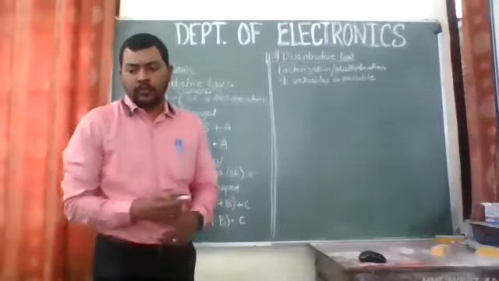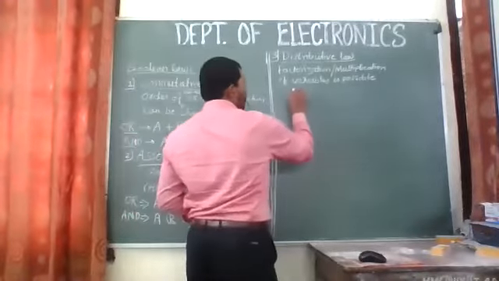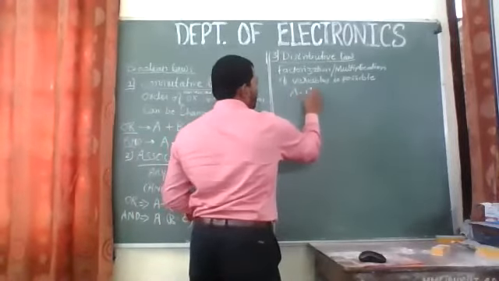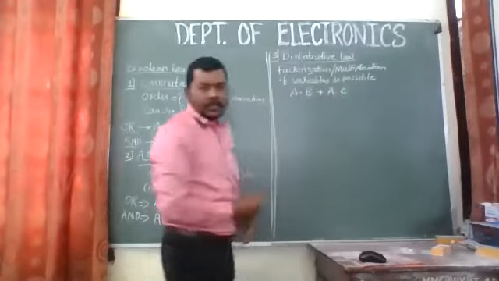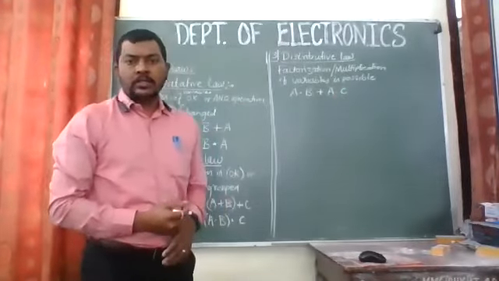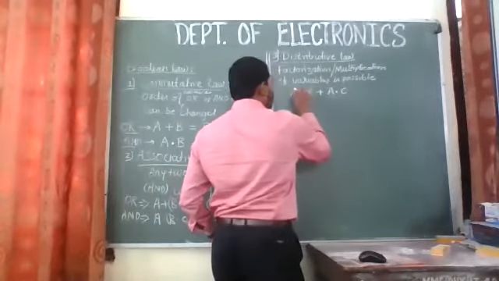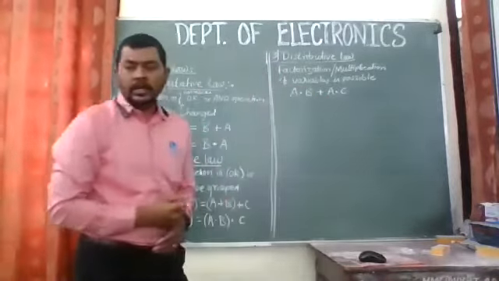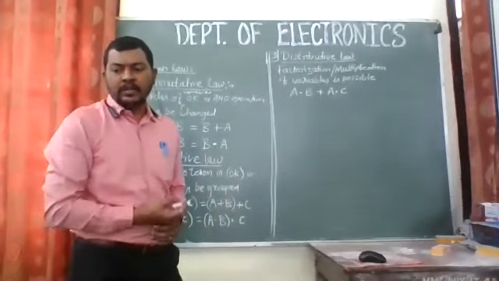Now I am going to tell you what that is. Say we have A dot B plus A dot C. This is the equation.